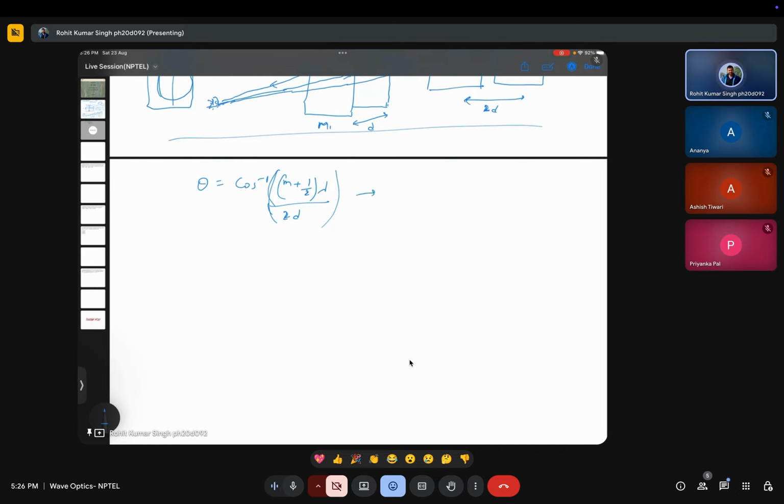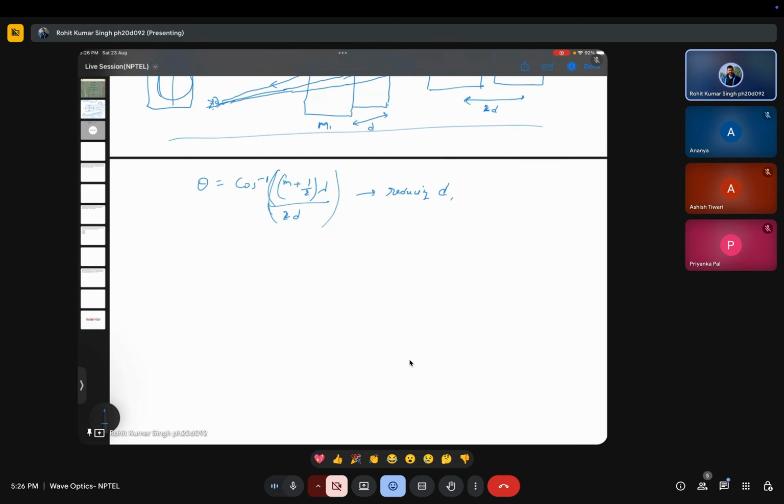What you see from here is that if you reduce the distance between the two mirrors, so reducing d, the fringes will appear to collapse at the center.